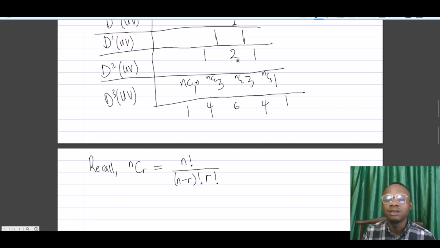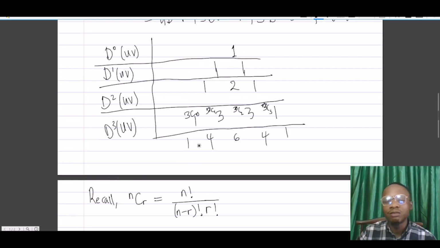Our n here is 3, so we can see this is 3 combination 0, 3 combination 1, 3 combination 2, 3 combination 3. So that is how we can obtain this coefficient. It's quite easy to obtain the coefficients by taking n combination R.